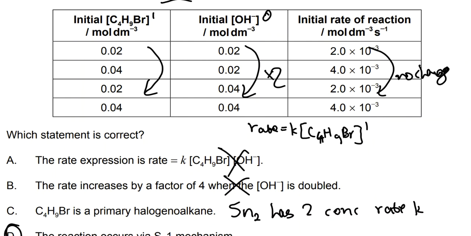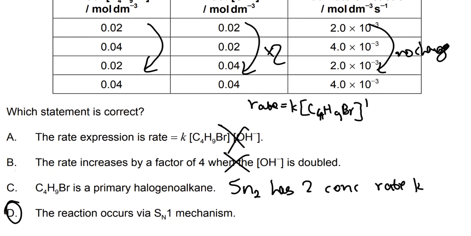So we have to consider that this is the SN1 mechanism, where it is only dependent on the concentration of the halogenoalkane and not the concentration of the hydroxide ion. So I believe D is the correct answer.